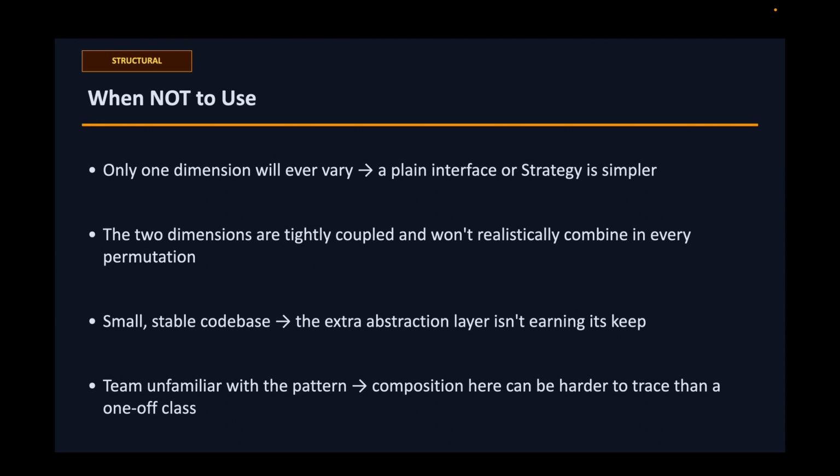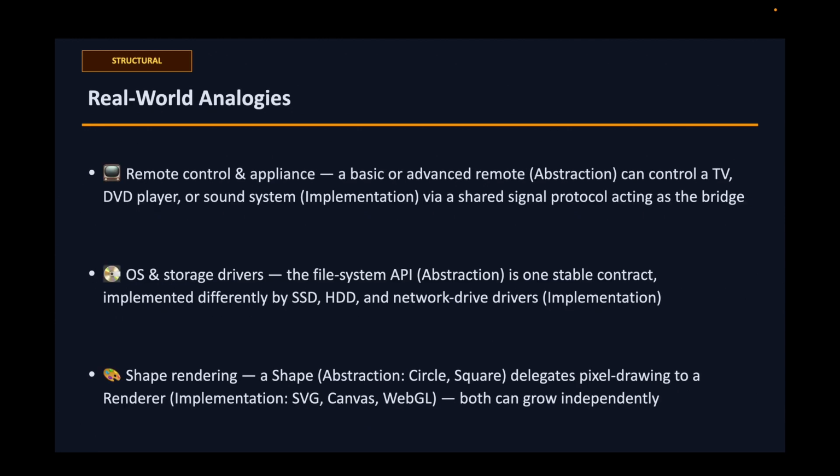If we have a small, stable code base, then adding an abstraction layer on both sides just to avoid a subclass problem you're never going to hit is just a little bit premature. The bridge pays off when you can see that this kind of multiplication, expanding, exploding combination issue is real.